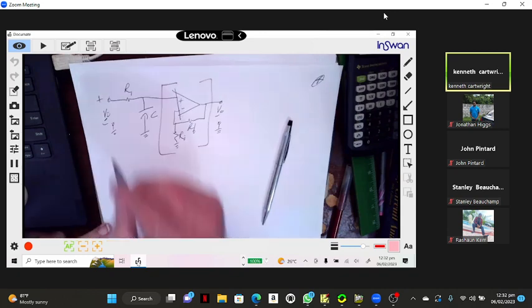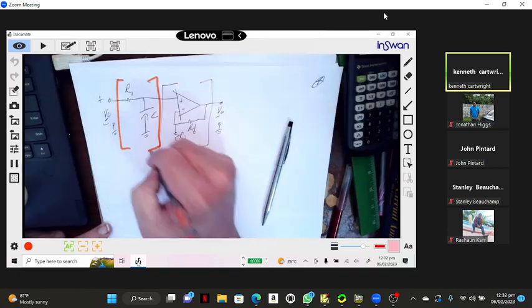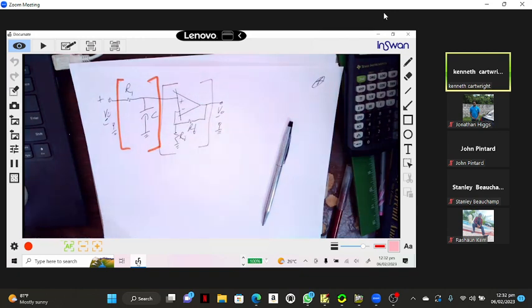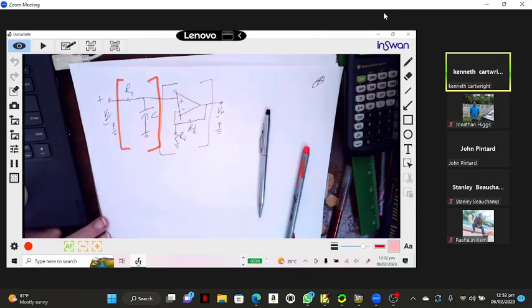What is this? Low pass. First order low pass filter.